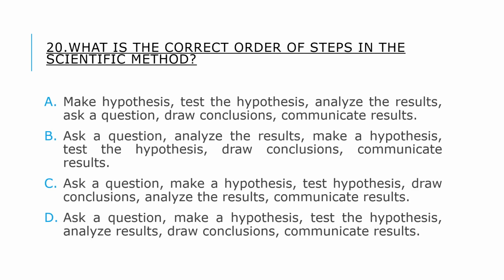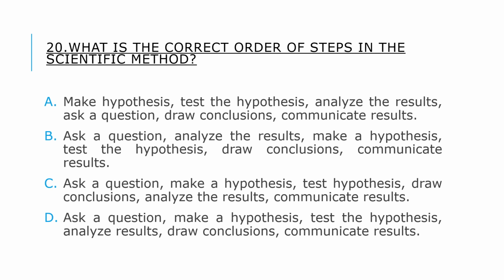And number 20. What is the correct order of steps in the scientific method? A. Make a hypothesis, test the hypothesis, analyze the result, ask a question, draw conclusion, communicate result. And letter B. Ask a question, analyze the result, make a hypothesis, test the hypothesis, draw conclusion, and communicate result.